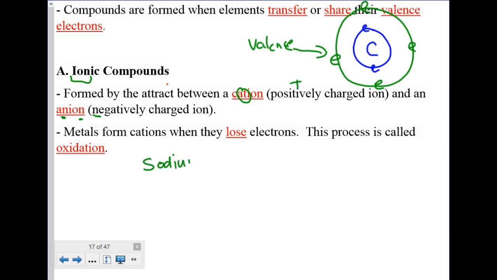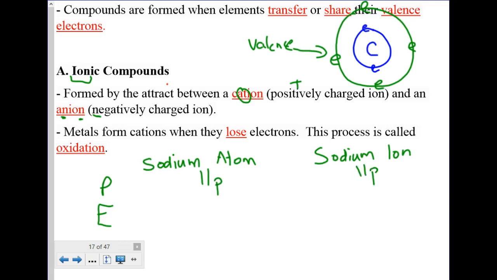Please find sodium. What is sodium's number? 11. That means that it has 11 protons. The atomic number is always the number of protons. The sodium ion also has 11 protons.